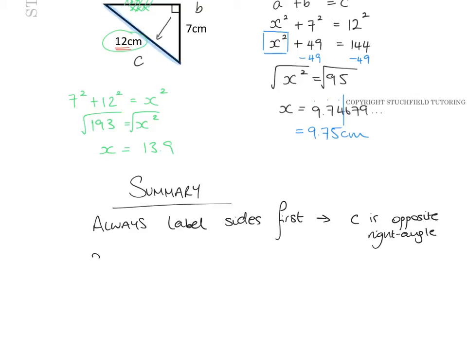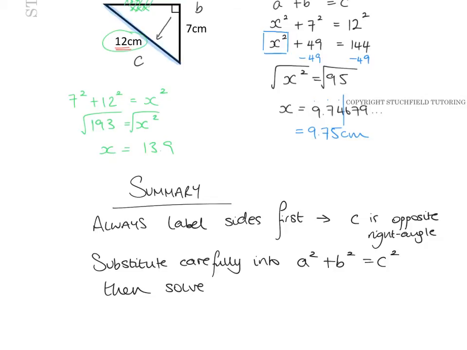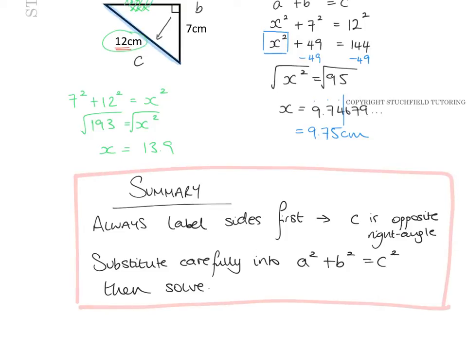And then what we want to do is we want to substitute carefully into this and then solve. So there's our summary. Write that down. Make sure it's really clear. They're the key points to take away. And then we're going to move on to the practice.